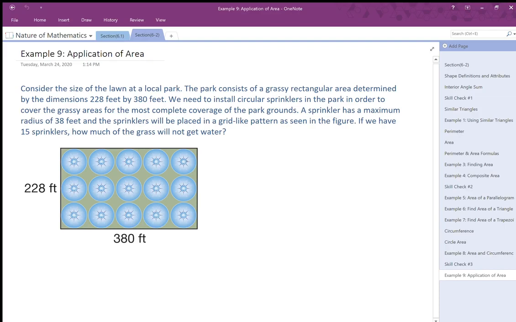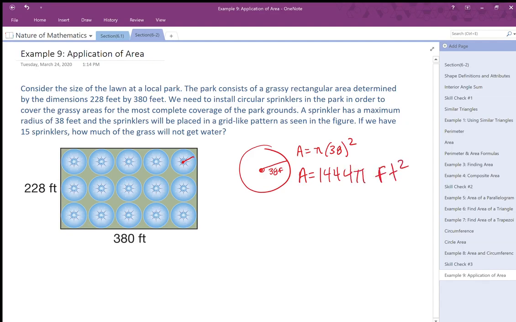So, our sprinkler has a radius of 38 feet. So we can find the circle area is equal to pi times 38 squared. So the area is 1,444 pi feet squared. That's for one sprinkler. We have 15 sprinklers.